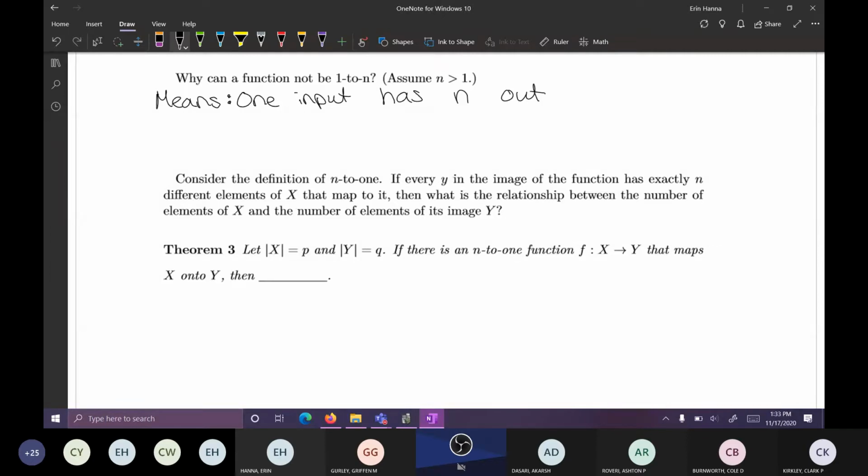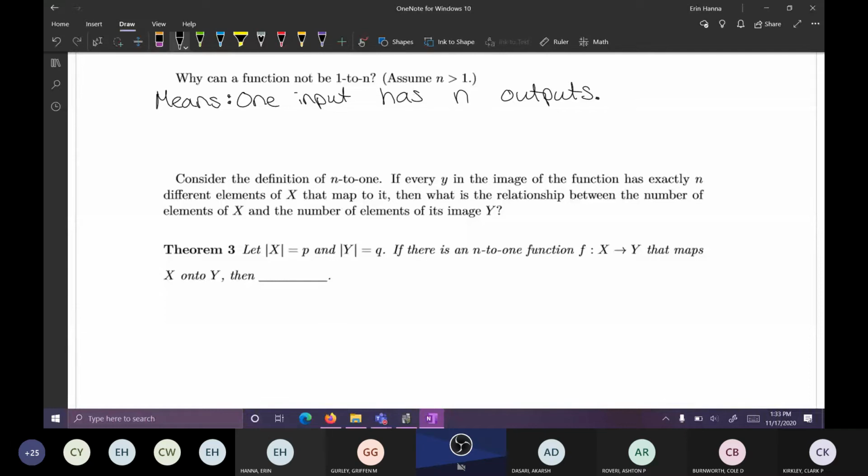Before, with n to 1, one output has n inputs, but 1 to n would mean that one input has n outputs. Sorry, I should not say that that way. But essentially that's what 1 to n would mean, that one input has n outputs.